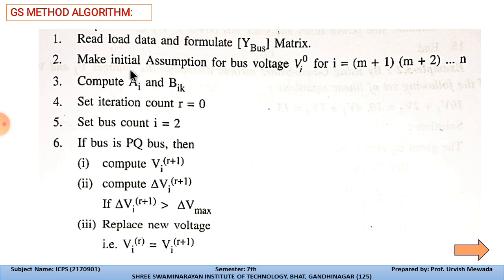Then compute Ai and Bik, from the initial to the nth number of buses, meaning the links which are connected. So it will compute the Ai and B parameters of the power system, and set iteration r equal to 0. Then set bus count i equal to 2. So this is why this is 2.